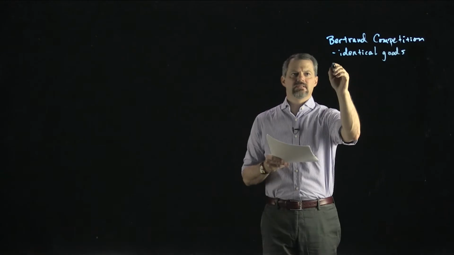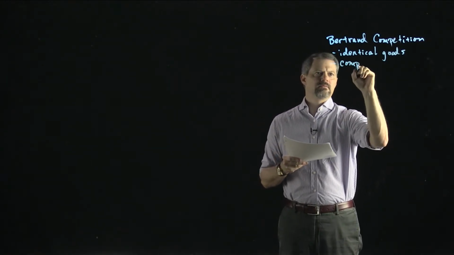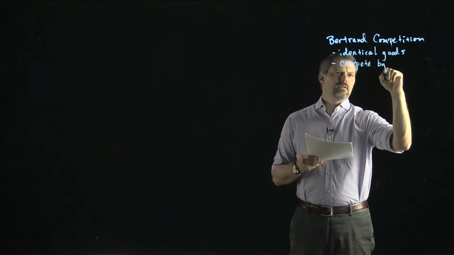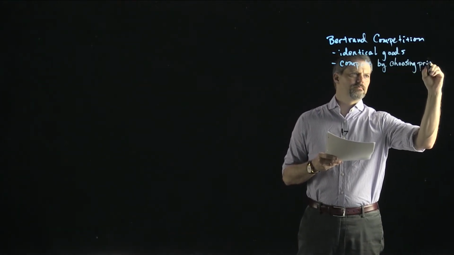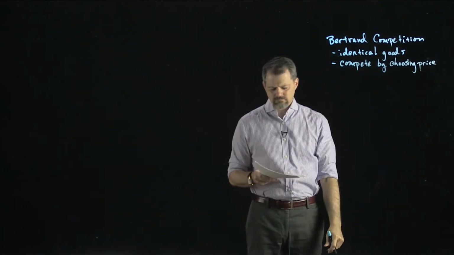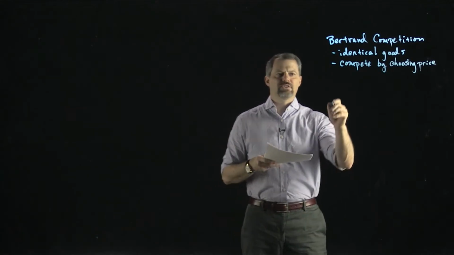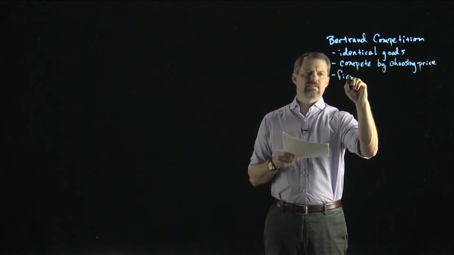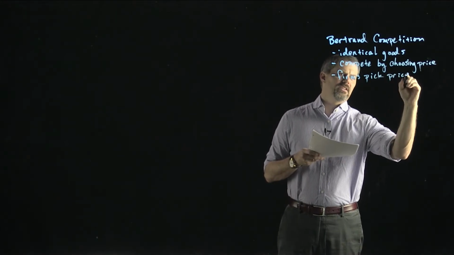The firms in this particular situation are going to compete by choosing price. So they compete based on price. And we're going to have the firms pick their price simultaneously.